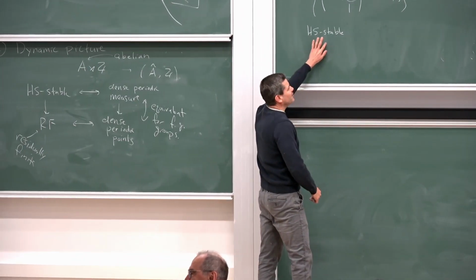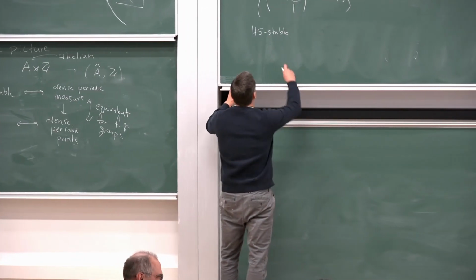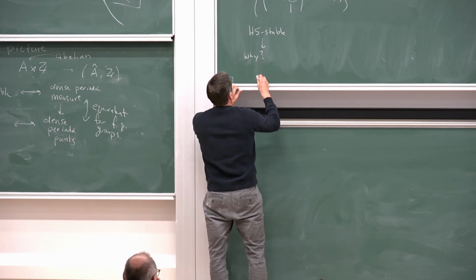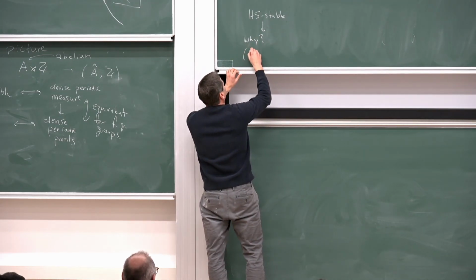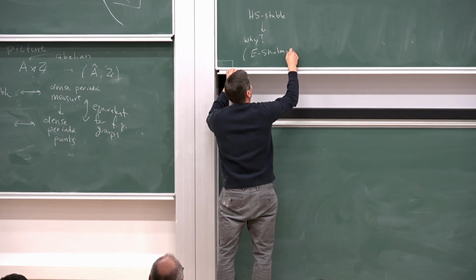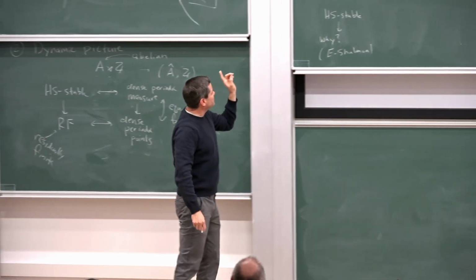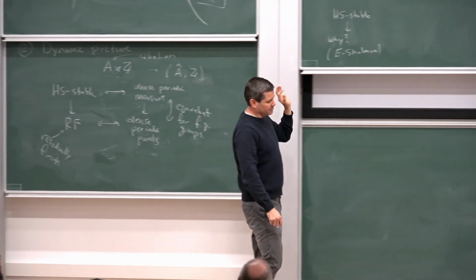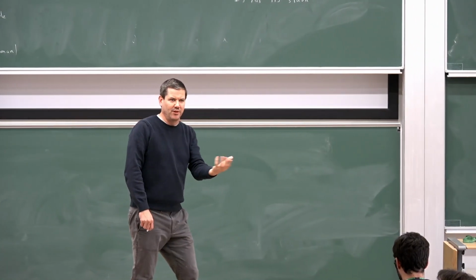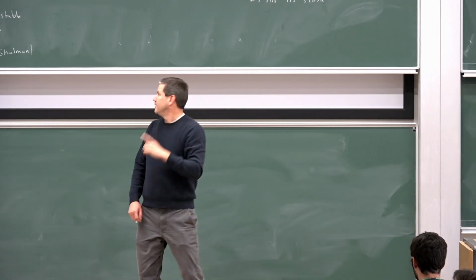All right, but first I want to focus on this one, why this is Hilbert-Schmidt stable. So why? Tatiana and I were interested in finding an example of a Hilbert-Schmidt stable finitely generated group that is not permutation stable. And this was a step to get there.